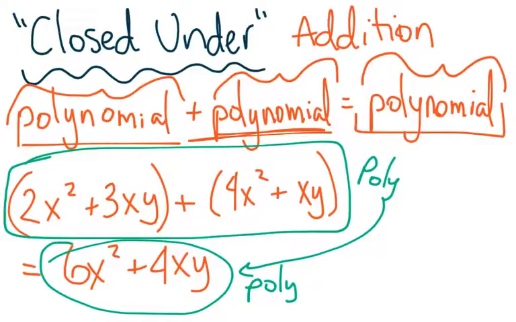So for example, if I add these two polynomials over here, 2x squared plus 3xy plus 4x squared plus xy, my result is a polynomial. I added a polynomial and I got a polynomial, and this will always be true for polynomials when adding them.